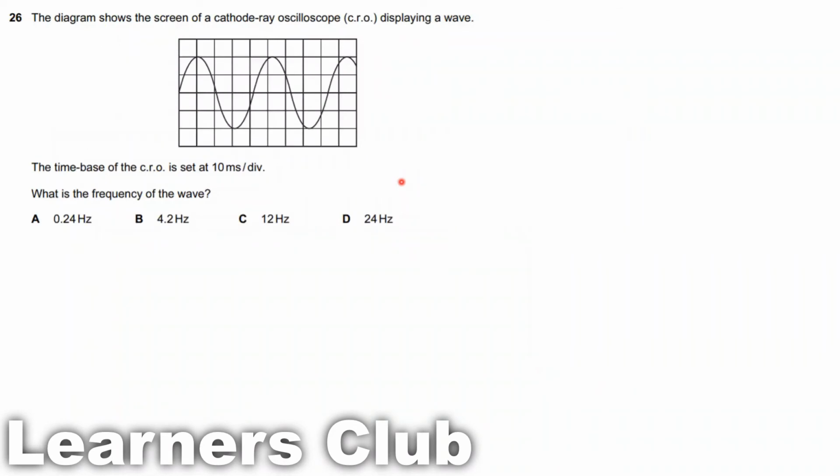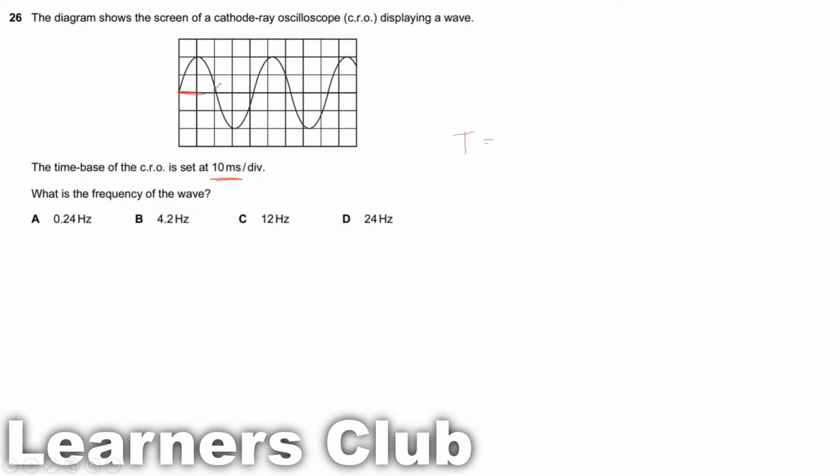Question 26. The diagram shows the screen of a cathode ray oscilloscope, CRO, displaying a wave. The time base of the CRO is set at 10 millisecond per division. That means on the x-axis, one division corresponds to 10 milliseconds. The time period corresponds to one entire wave.